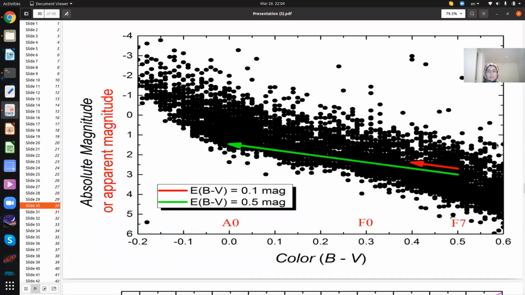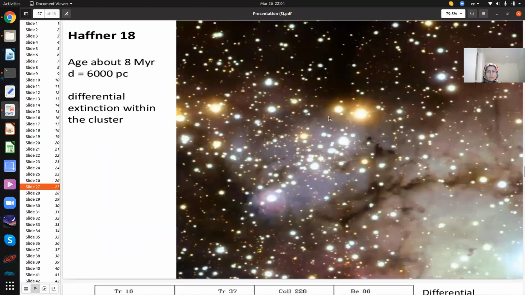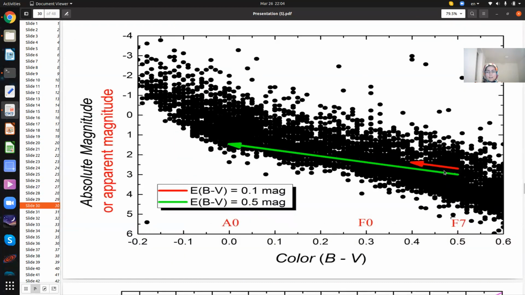You see, we have mostly differential reddening in young clusters, because in young clusters, as you see here, we have dust and gas, and so we cannot see outside of the differential extinction. It makes our work a bit hard because, for example, you see we have a star in F7 with this color and this apparent magnitude, but with reddening we have a shift.